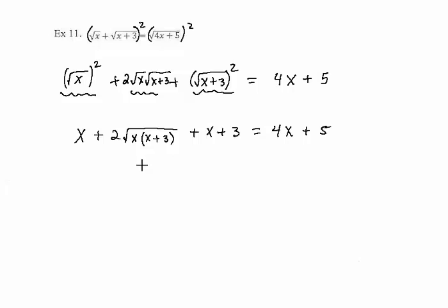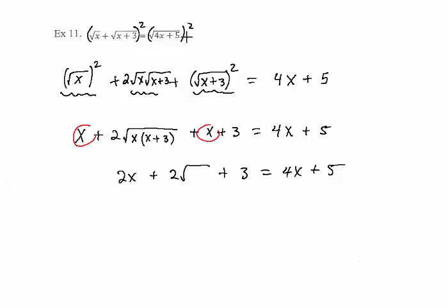Alright, we can combine like terms on the left. This x combines with that one, so we get a 2x, then we have a 2 times the radical part, and then we have a 3. We move everything away from the radical.